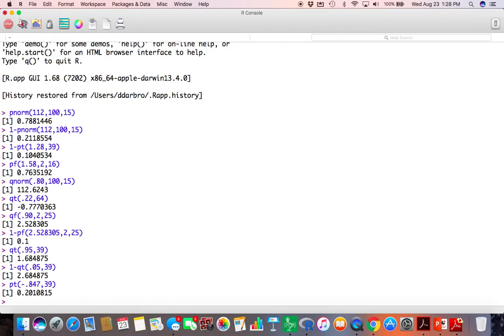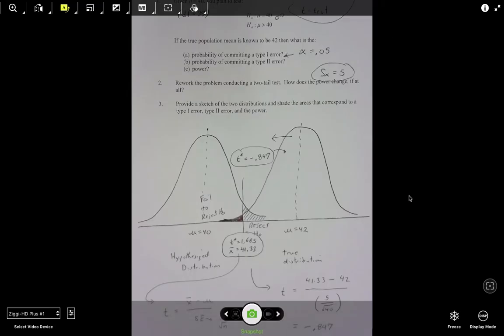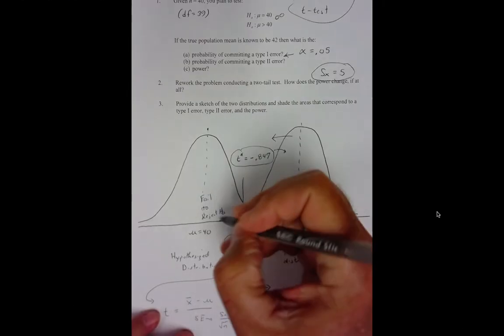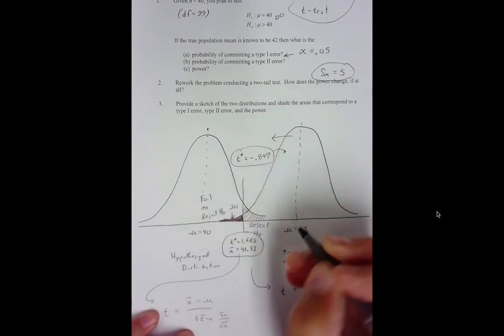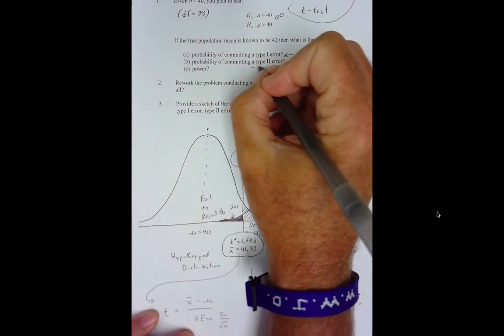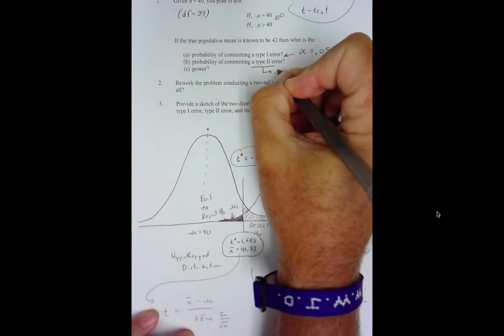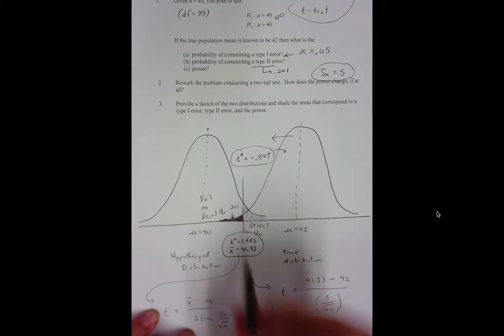So the area to the left of that is 0.201. So what does that tell us? This area right here is 0.201. So that tells me that the probability of a type 2 error is 0.201.